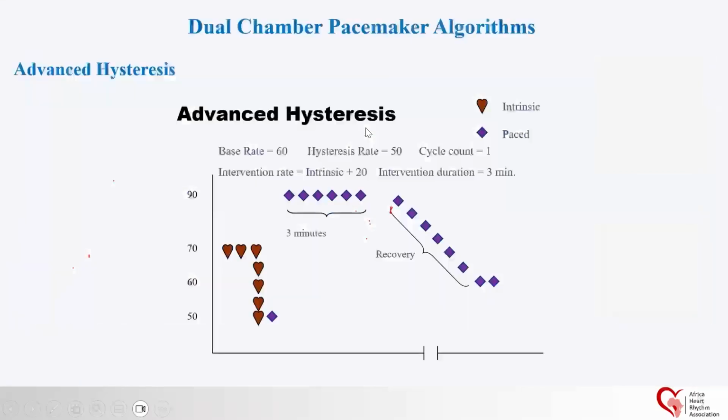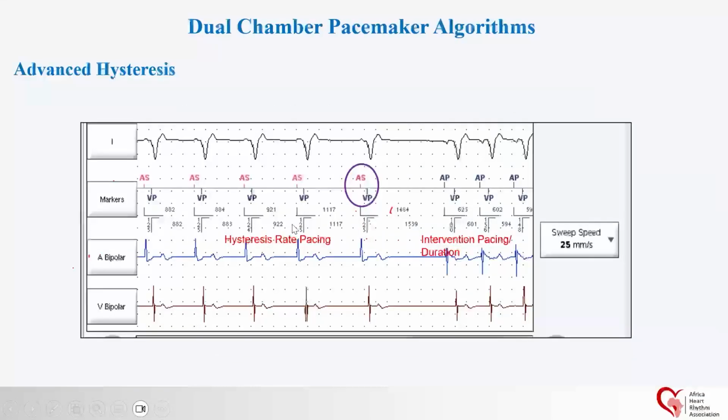What does advanced series mean? That means the series rate: when the atrial rate drops to the series rate already programmed, the pacemaker will start to pace the atrium at the last rate.